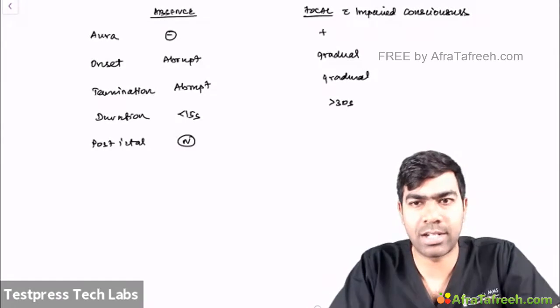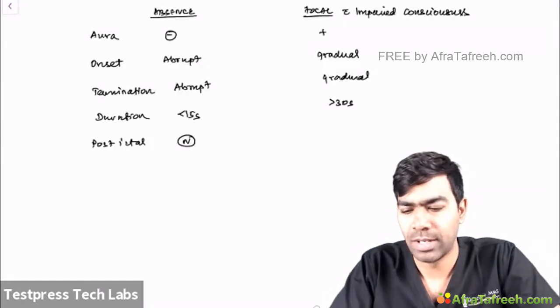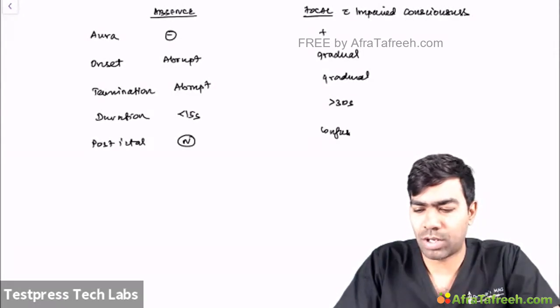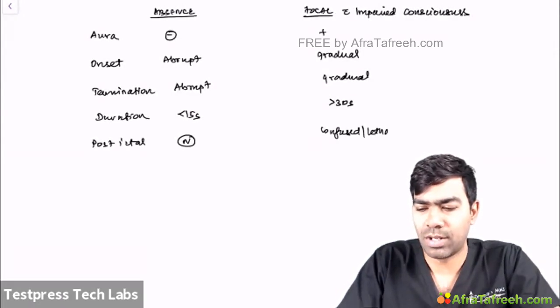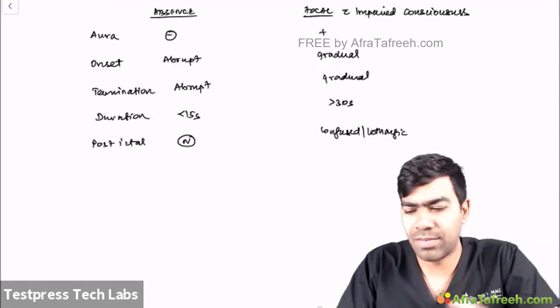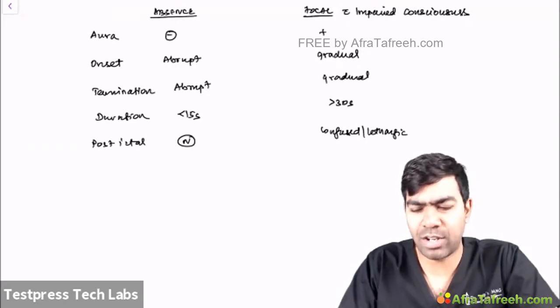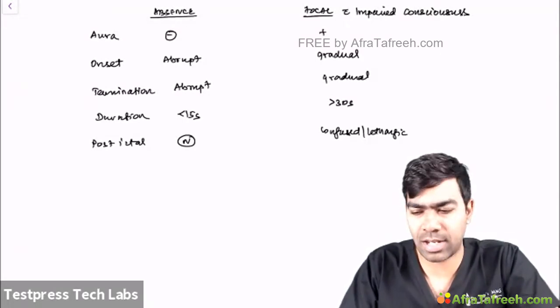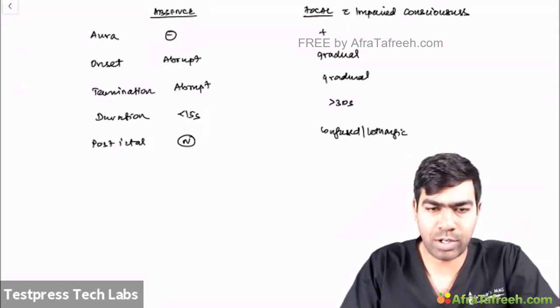That's why I told you again, it's a pause and play kind of scenario. With focal with impaired consciousness, of course, the patient will be more confused and more lethargic, and will have severe fatigue, tiredness, and myalgia, very common in focal with impaired consciousness or even other generalized kinds of seizure. This picture is quite common.